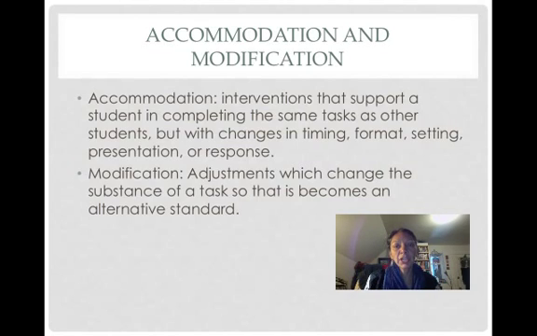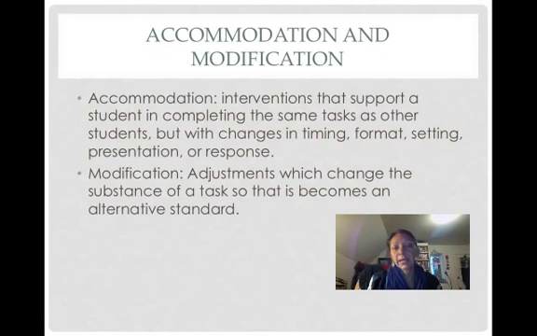A modification you can only provide within special education, right? So a student within a 504 would not qualify for modifications. And modifications is where you're actually changing the task so that you have a different standard. So for example, in special education, you might modify the curriculum and the reading level so that the expectation for them in that classroom is a third grade reading level versus a fifth grade reading level, right?